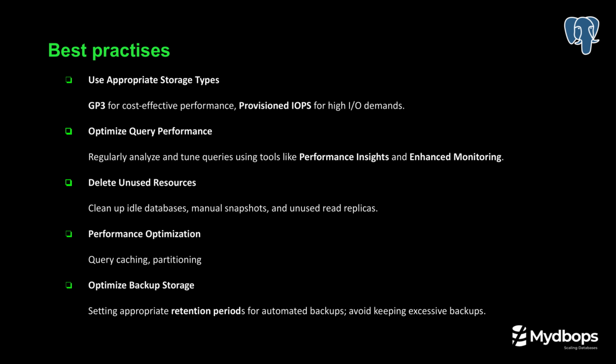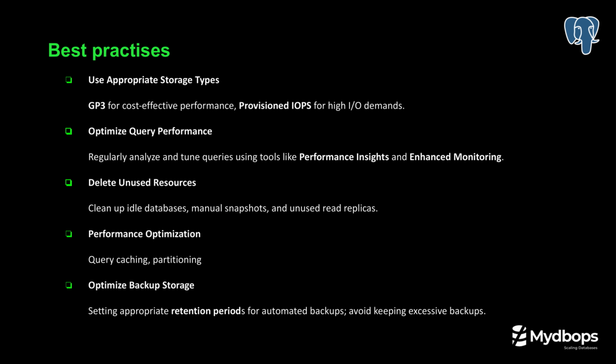Then we can optimize the backup storage, like setting appropriate retention periods for automated backups to avoid keeping excessive backups, and deleting the unused manual snapshots, which we discussed also in our assessment, how much of cost we were saving. Because these incur additional storage costs and add up to the billing, and won't be actively used, therefore we can review it and move this to be more cost effective overall.